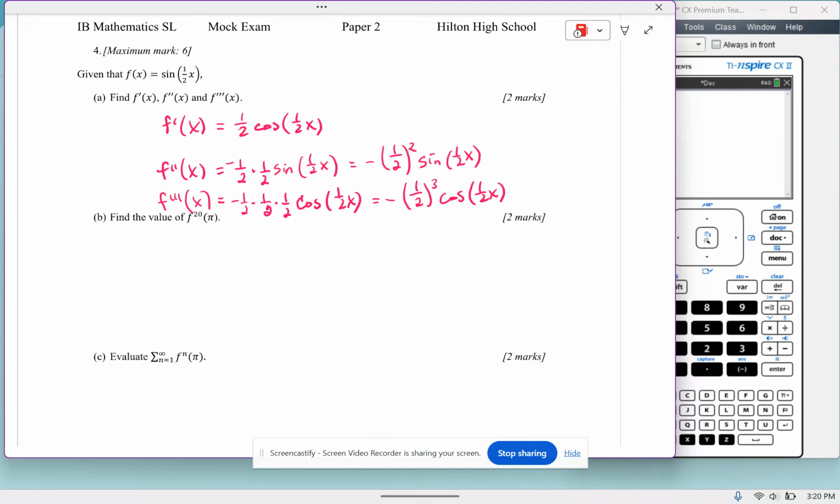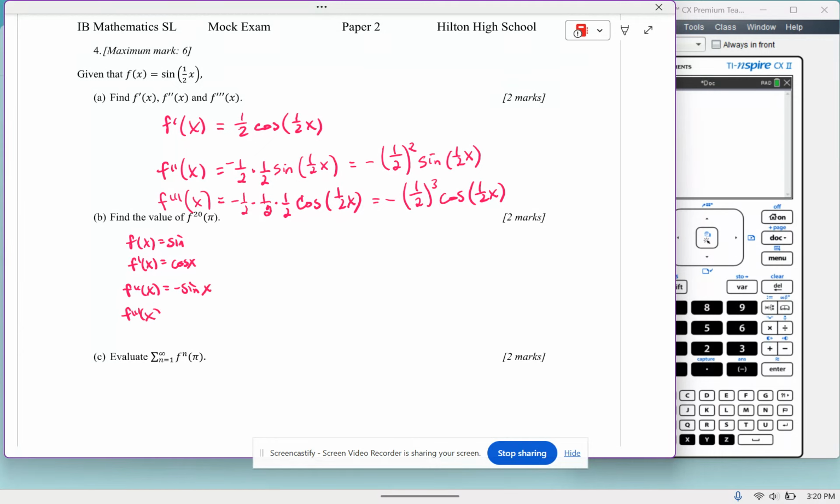The original is sine. What about the first derivative? The derivative of sine is cosine. And the second derivative? The derivative of cosine is negative sine.